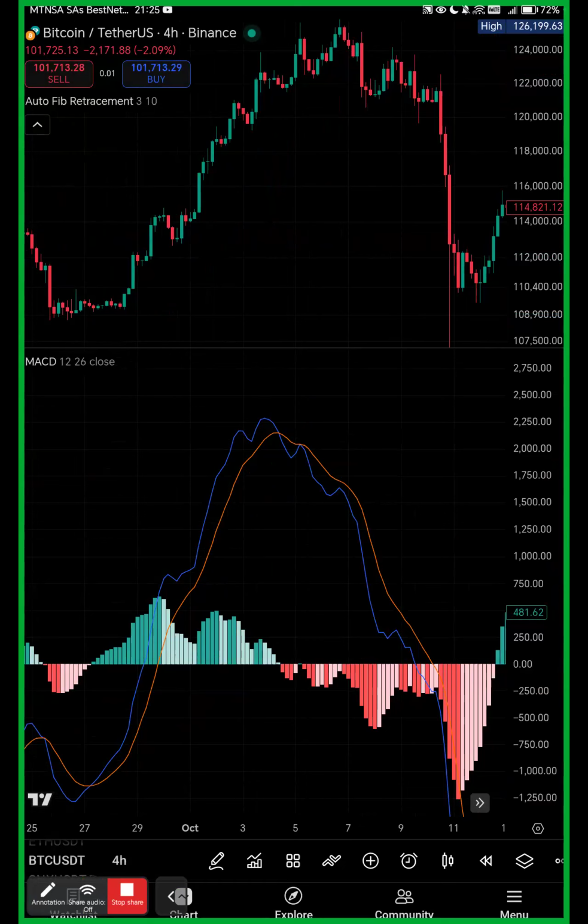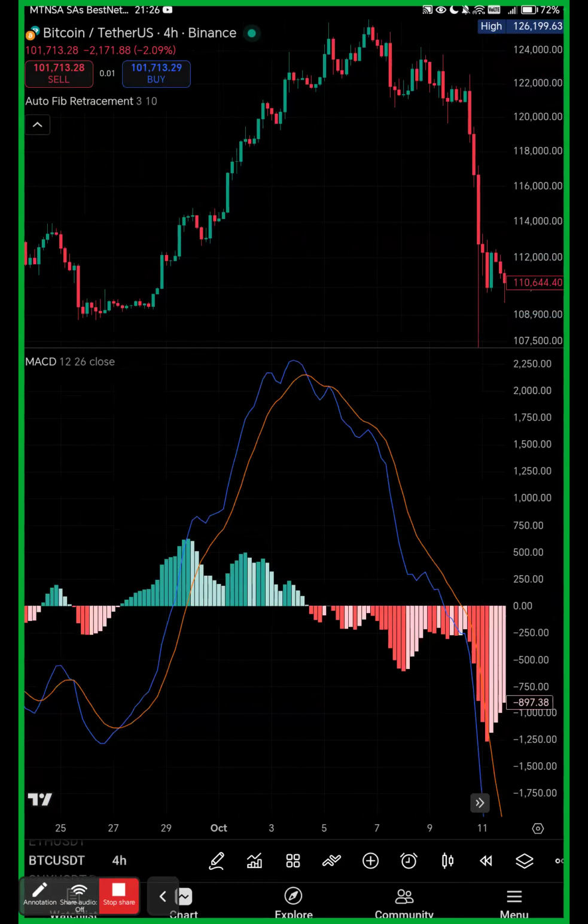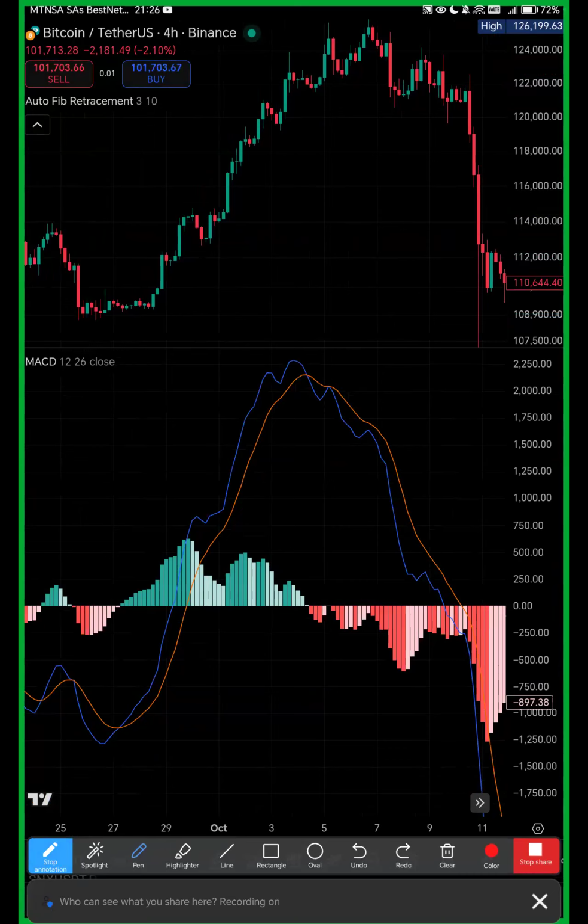But it does not mean that the pump is going to stay longer. Sometimes you see a pump, then immediately after that a dump. I don't know if you have noticed that. A price can pump and then it dumps.